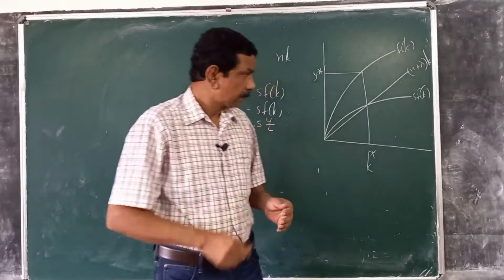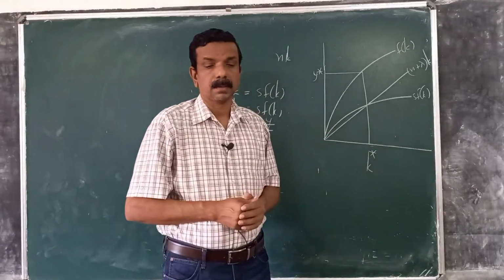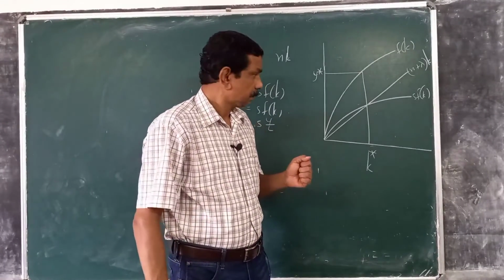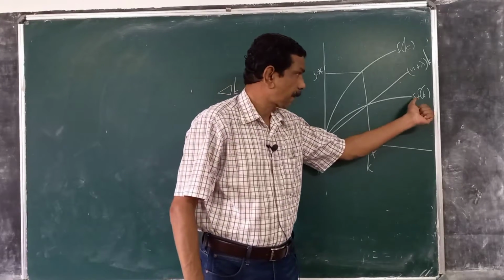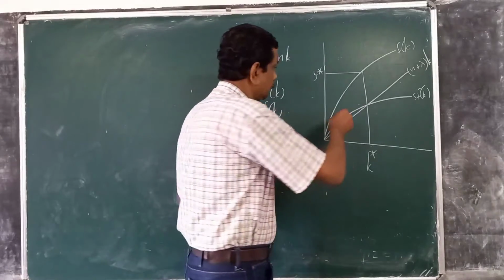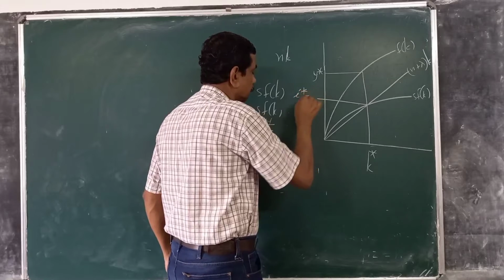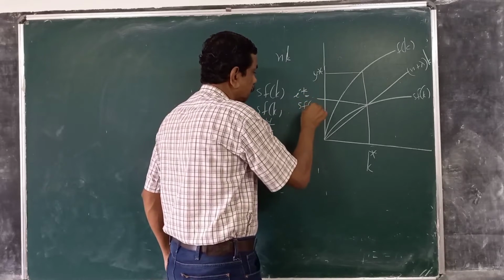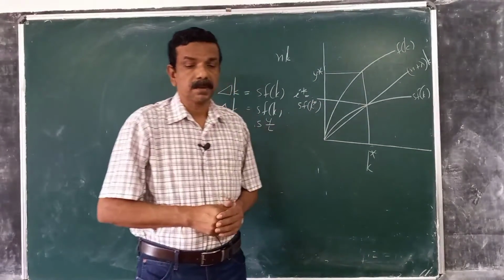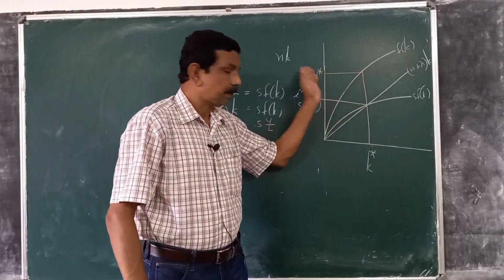Now in the figure, the steady state capital labor ratio is given as k star, determined by the intersection between S of k and n plus lambda k, where I star is equal to S of k star, and the corresponding steady state output per head is y star.